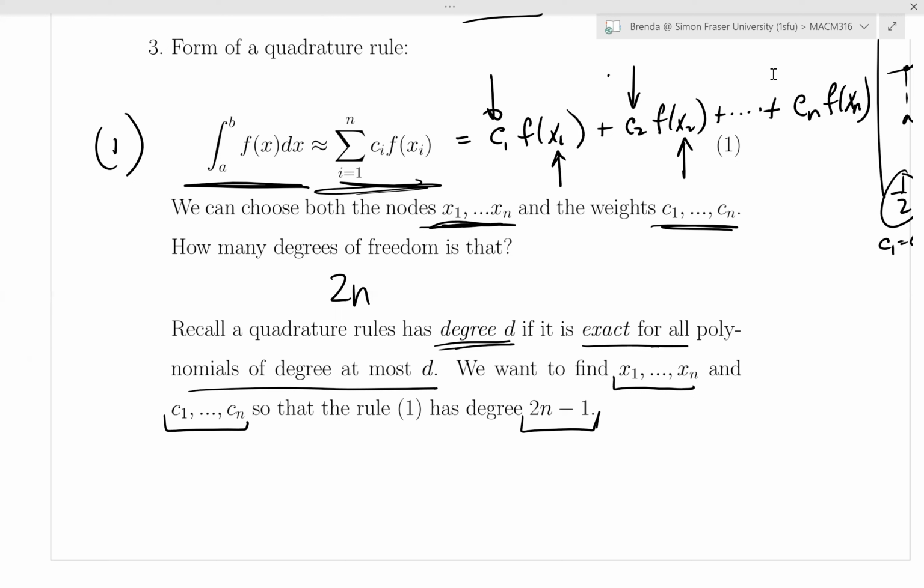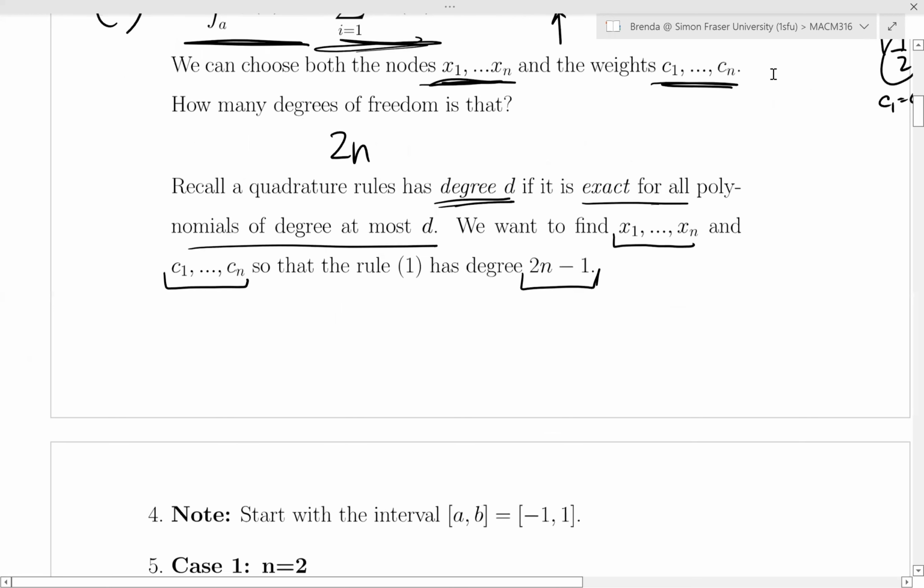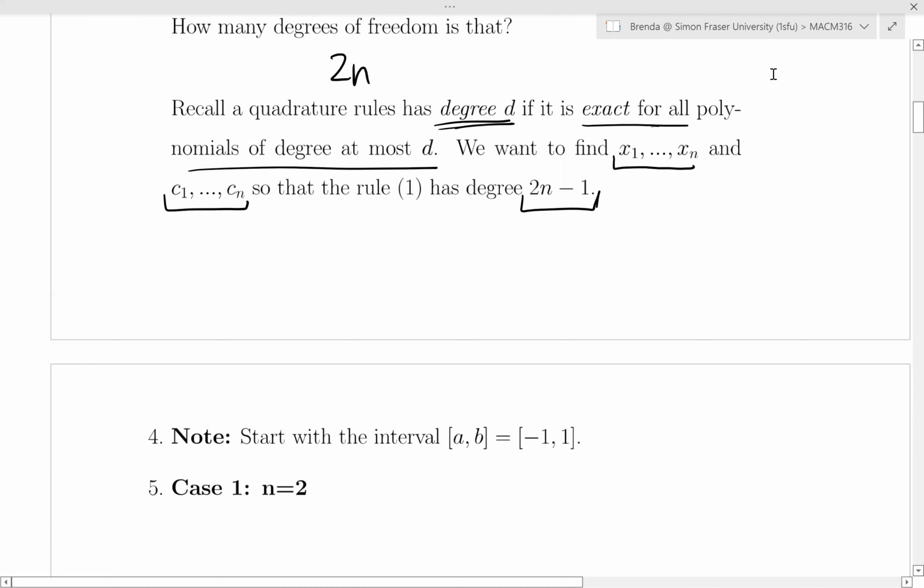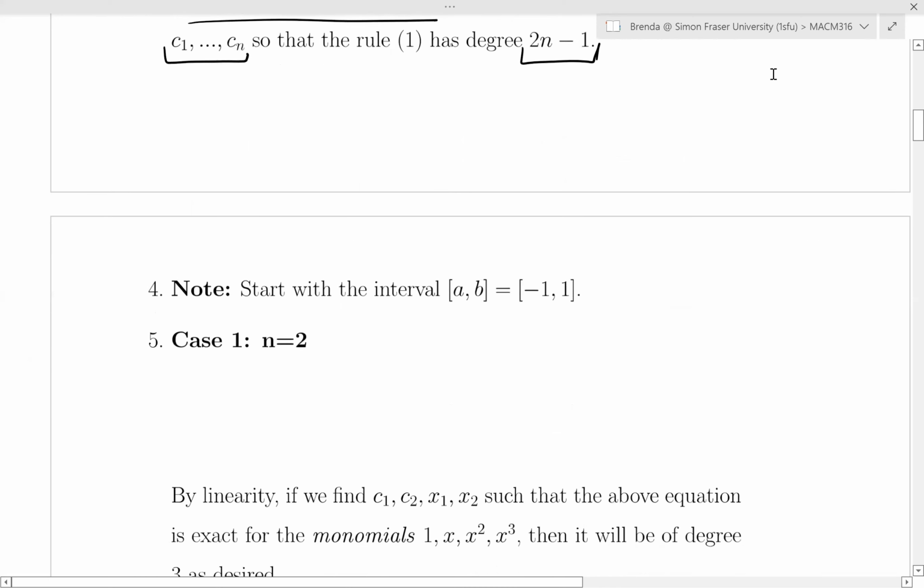Okay, we're going to do a simple example and see how this works. We're going to start with the symmetric interval, -1, 1. And we're going to start with the case where we are having 2 function evaluations. So we have a function, we want to integrate it from -1 to 1.